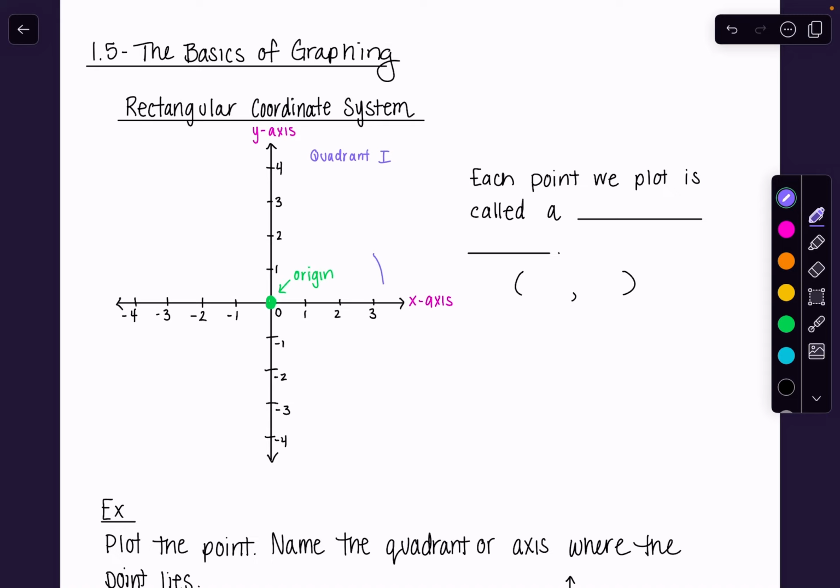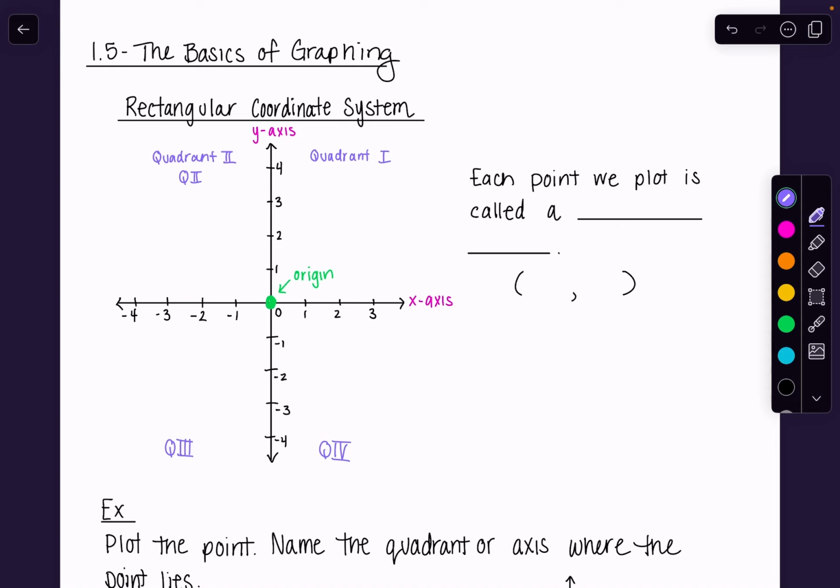Now typically you'd think you would go 2, 3, 4 in this direction, but again, we go counterclockwise. So quadrant 2 is actually going to be over here. And instead of writing quadrant out, you can just say Q2. This one would be quadrant 3, which in Roman numerals is 3 I's, and then quadrant 4, 4 in Roman numerals is IV.